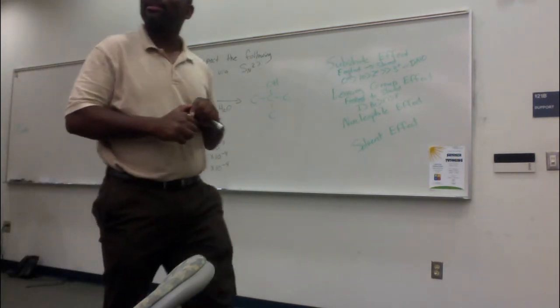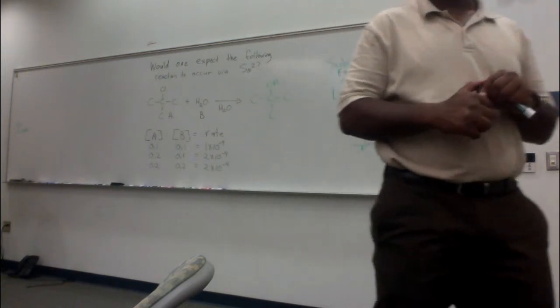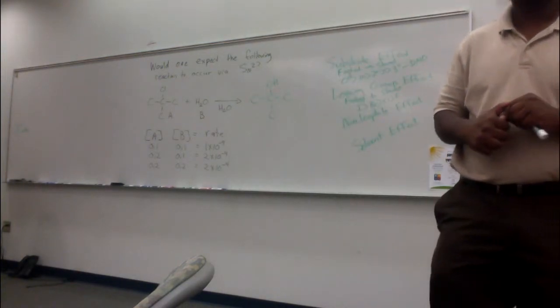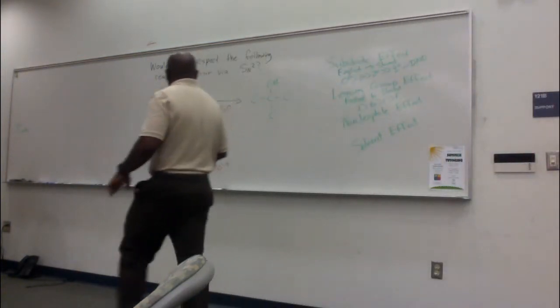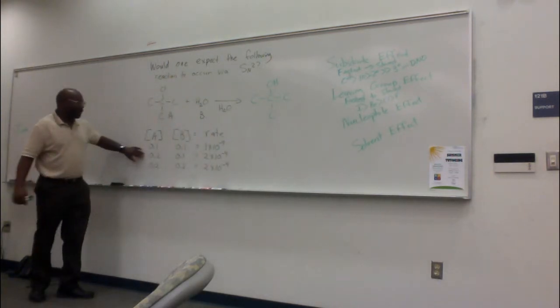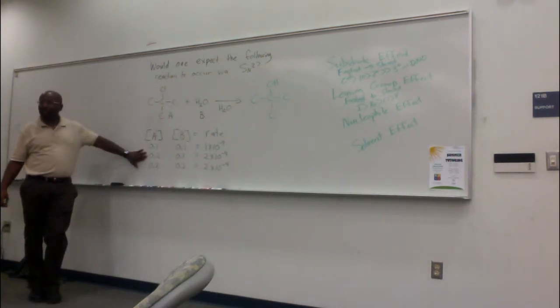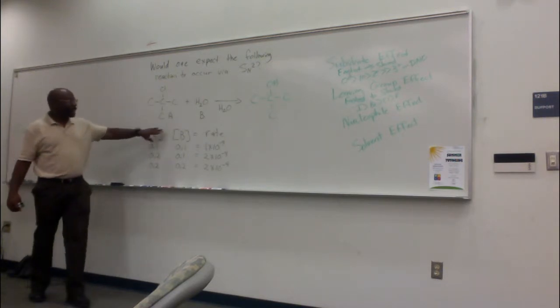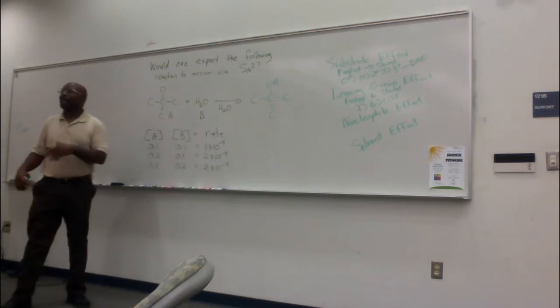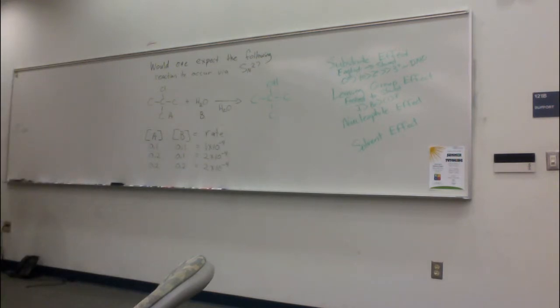Remember from G-Chem, what does it tell you about the reaction order? When I double my concentration of A, what happens to the rate? Double. When I double the concentration of B, what happens to the rate? Stay the same.